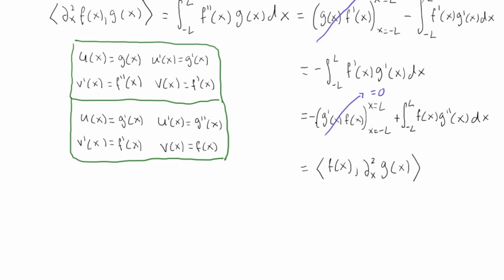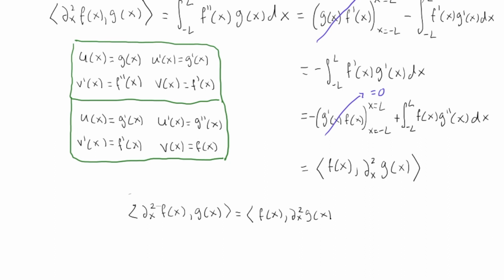So we're done. We showed here that the second derivative of f of x, inner product g of x, is equal to f of x, inner product second derivative of g.